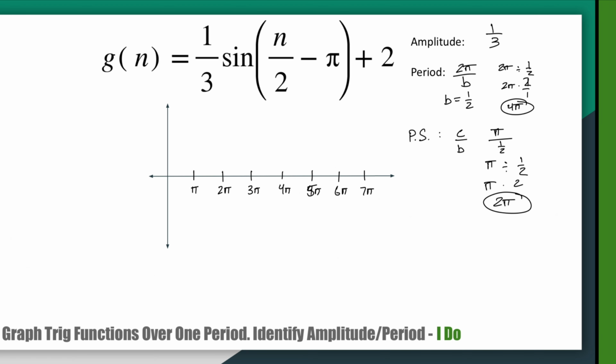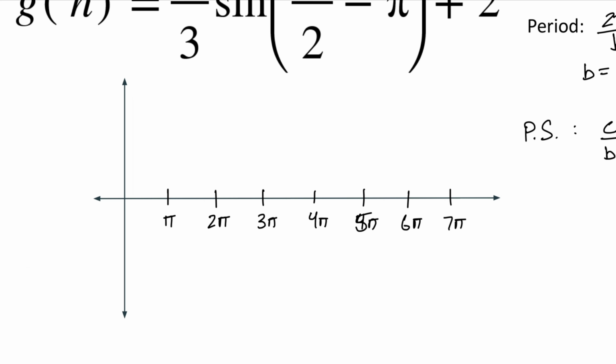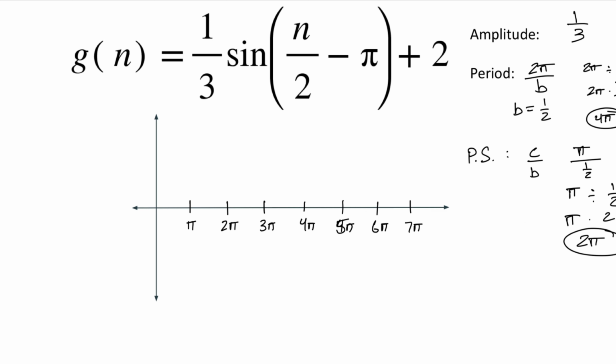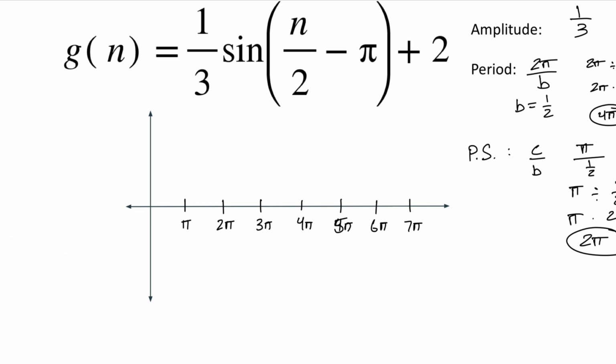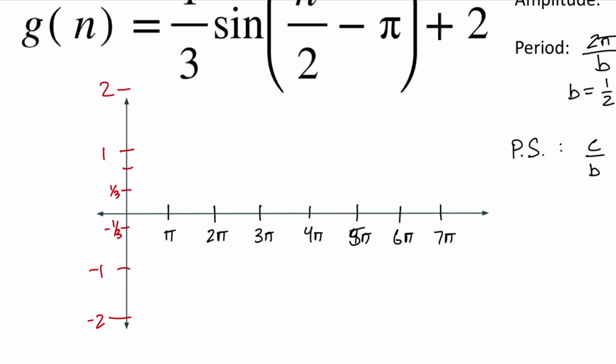So let's draw some stuff here. Let's draw our original before the phase shift, and then we'll draw our phase shift, and then we'll focus on that vertical. So this was a sine. It had an amplitude of 1/3. Let's make this a little bit bigger or spread out so it's easier to see. So that would be 2/3, that would be 1/3. All right, so we got a small area to work with here.